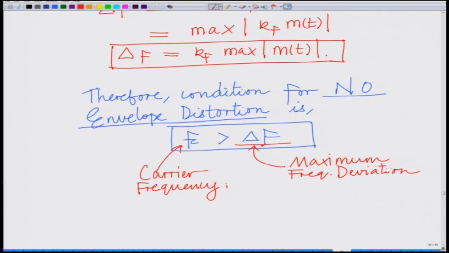The condition for no envelope distortion is that Fc is greater than or equal to delta f. Therefore, if this condition is satisfied, that is, the carrier frequency of the FM signal is greater than the maximum frequency deviation, there will be no envelope distortion.